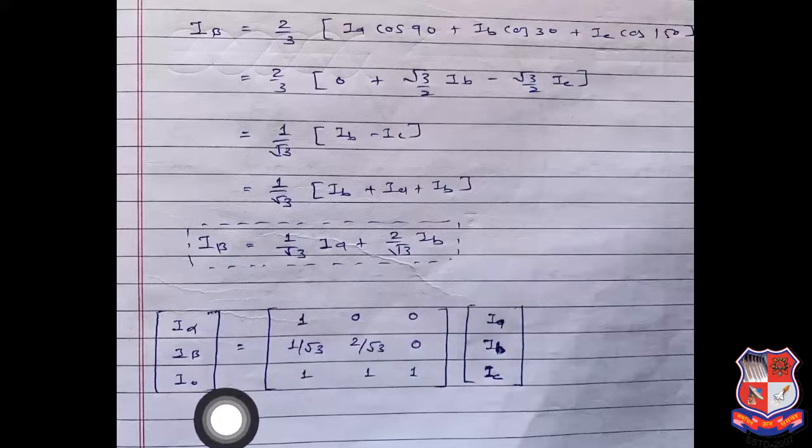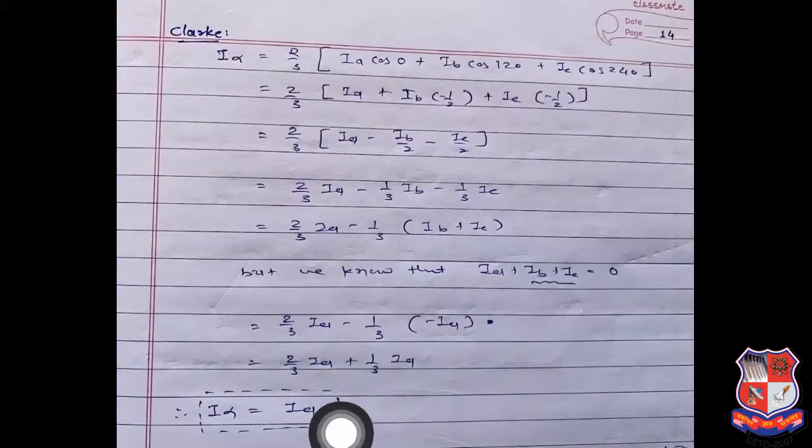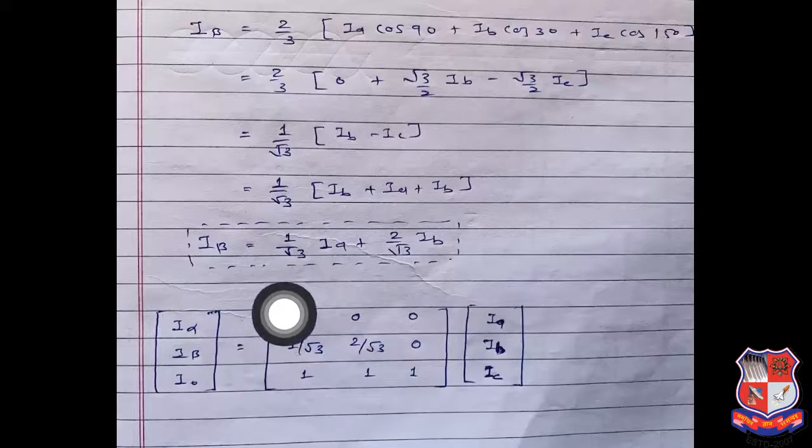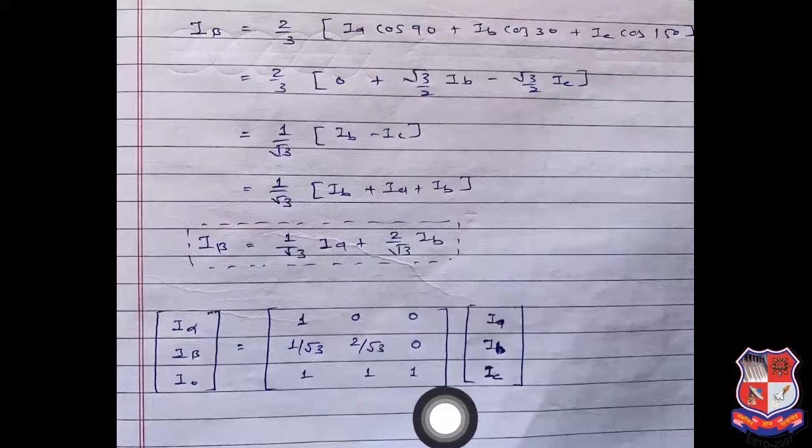So in matrix form we can write like this: I alpha, I beta, I 0 is equal to 1 0 0, because I alpha is equal to only the IA component, so there is no IB and IC component, that's why 1 0 0. Now for I beta, 1 by root 3, 2 by root 3, and there is no IC component, so 0. And for the I0 component it is 1 1 1.